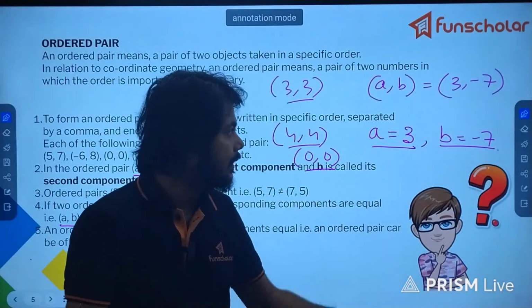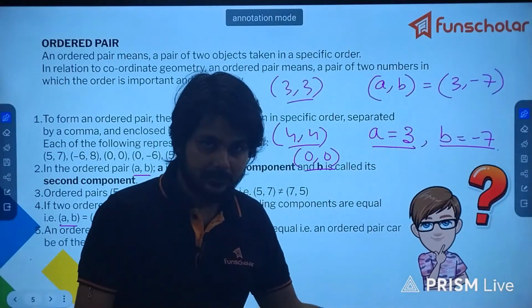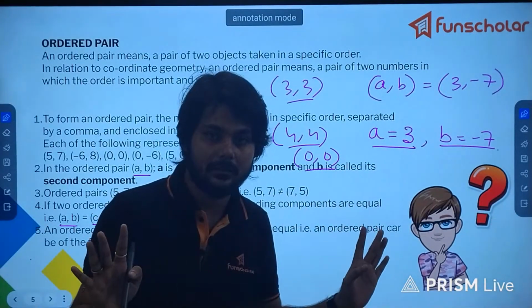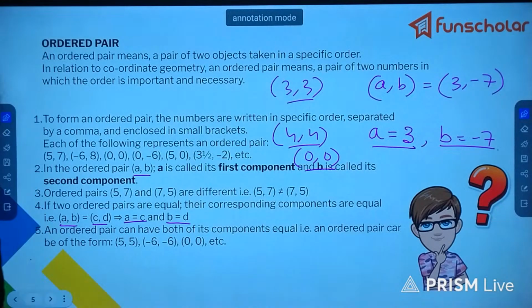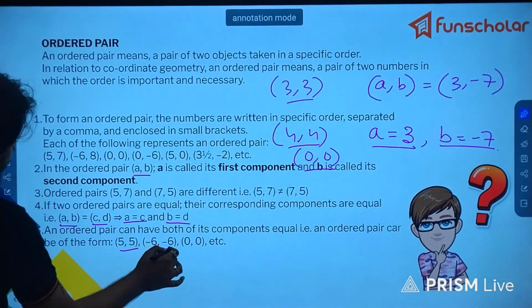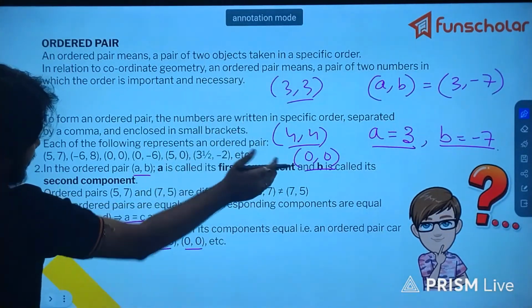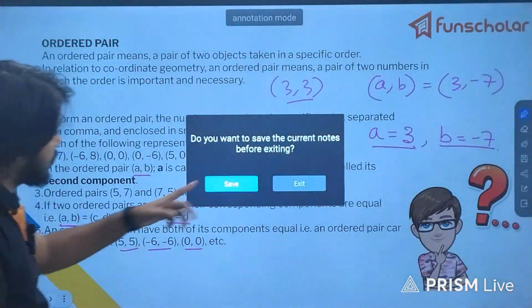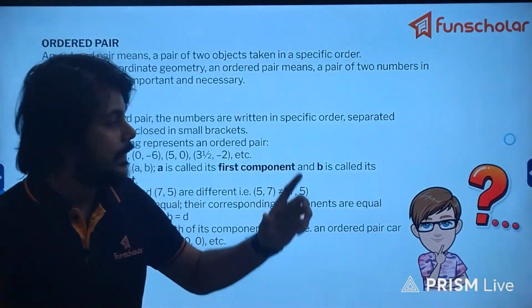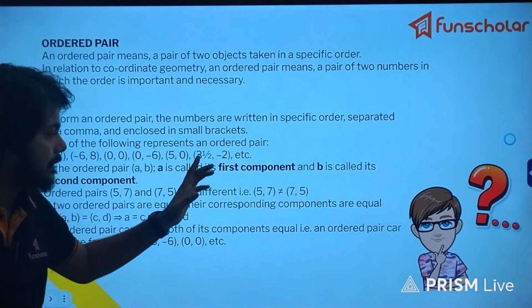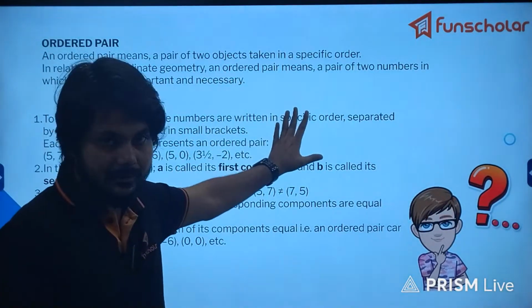They can be equal, they cannot be equal. (5, 5), (-6, -6), (0, 0), these. Okay, so I hope this ordered pair is clear to you.